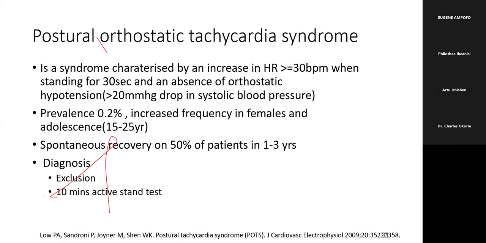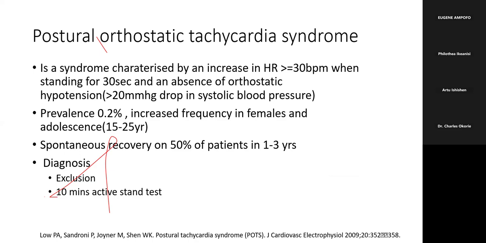Then the next entity is postural orthostatic tachycardia syndrome. It is a syndrome characterized by an increase in heart rate greater than or equal to 30 beats per minute when standing for 30 seconds, in the absence of orthostatic hypotension, that is, a drop of greater than 20 millimeters in systolic blood pressure.